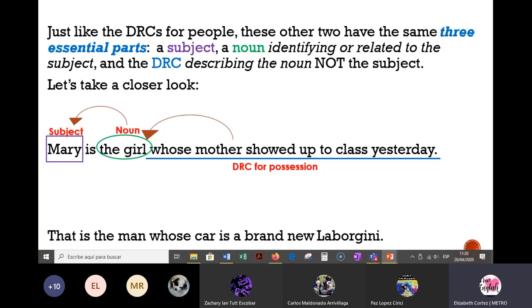All right, Zachary, which one is the subject in this sentence? The man.